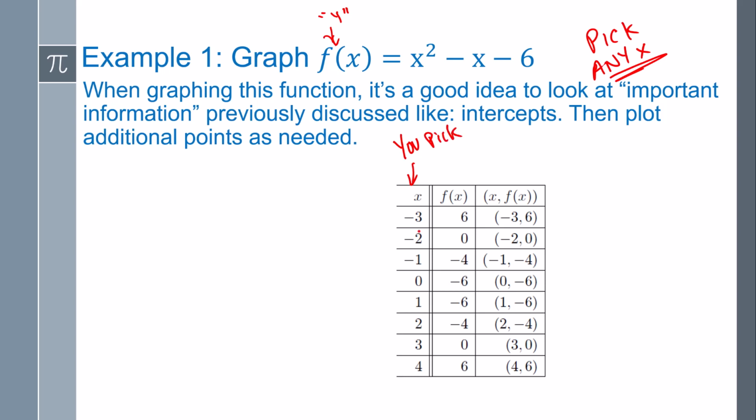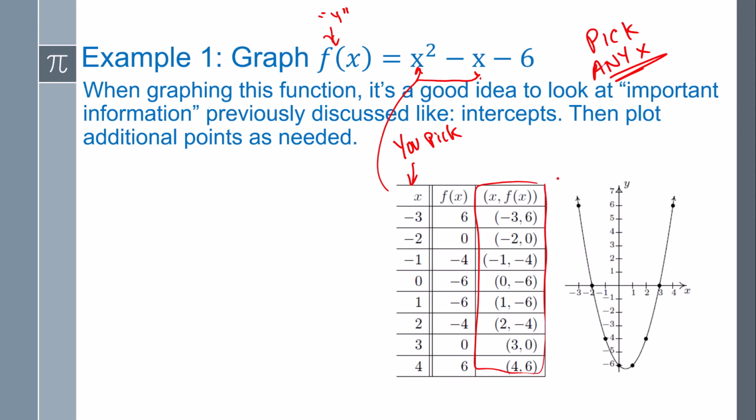So if you take -3, you're going to plug -3 in for x, simplify it, and in this case, you're going to get 6. Now, if you do that for every single point, you're going to get a set of points of x and y values. You can take those and put them on the graph, right? If you take (-3, 6), (-2, 0), (-1, -4), right? You just plot these points, and you get to create the shape of the graph.